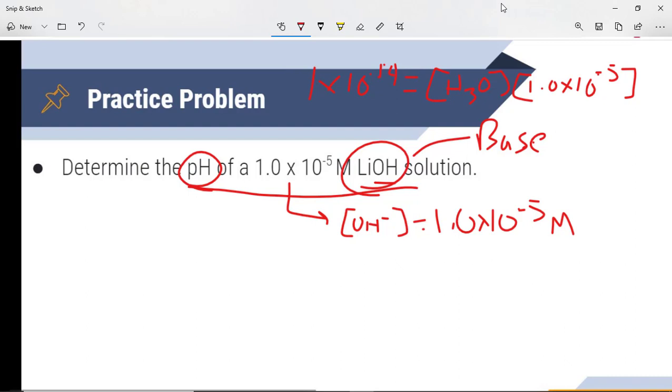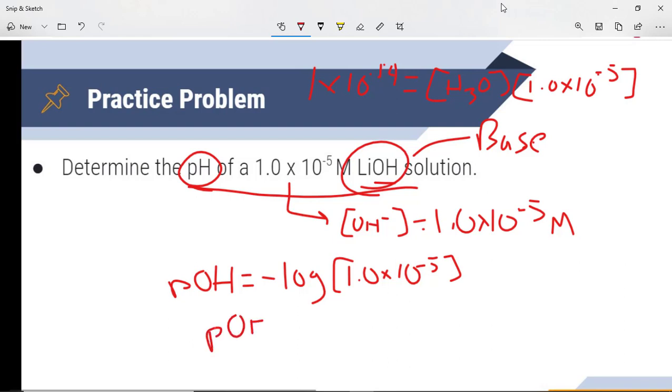I could also get the pOH. Remember the pOH is equal to the negative log of my OH concentration. Either way, you will get the right answer here.